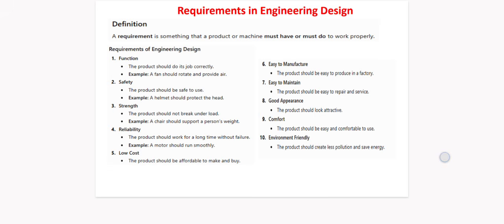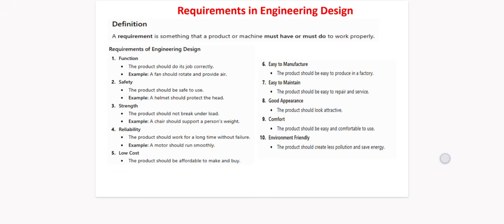Let us take a simple example. Imagine we are designing a shaft for a gearbox. The requirements may be: the shaft must transmit 5 kilowatt of power. The operating speed is 1000 rpm.